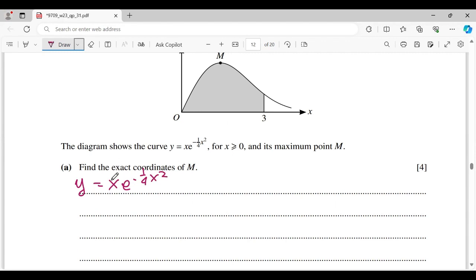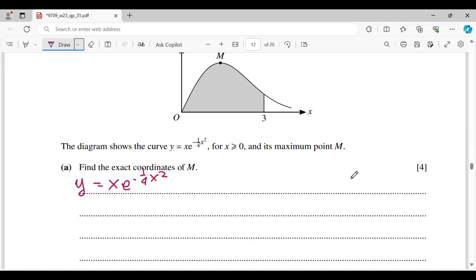I'm going to find the differential, because to get the maximum point, we can get it through differentiation of the function.